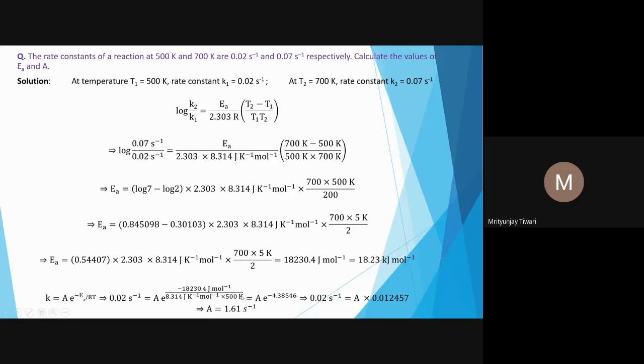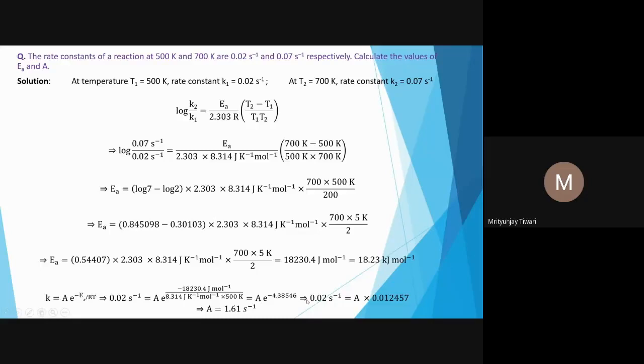And this Kelvin, you see, will be cancelled out, this per Kelvin, Kelvin, this per mole, per mole will be cancelled out, numerator and denominator, and this joule will be cancelled out. So we get only a numerical value in the exponential. So this is equal to A e to the power of, solving all these values, we get e to the power minus 4.38546.